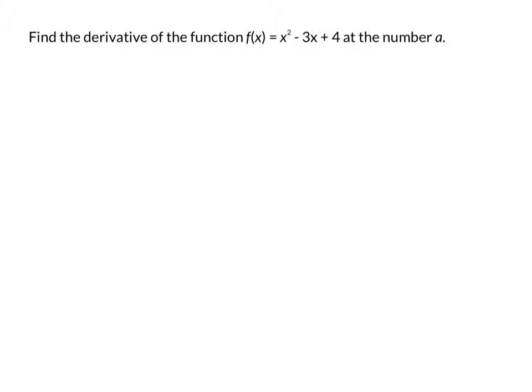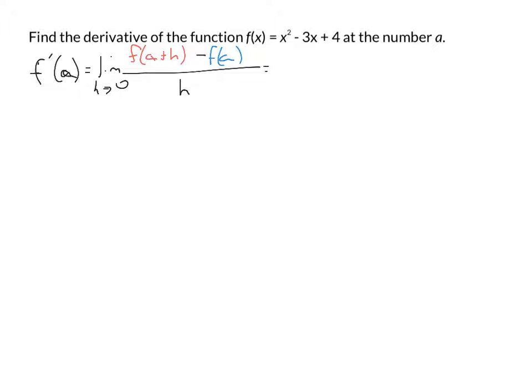So as promised, we're going to find the derivative of this function f at our number a. And so our formula, the derivative of f, or f prime of a, is our limit as h approaches 0 of f of a plus h minus f of a, all over h.